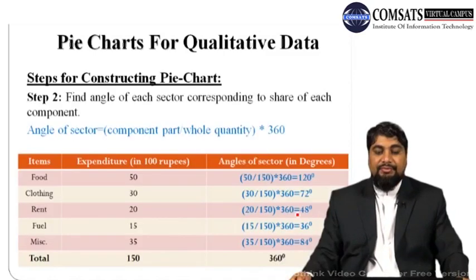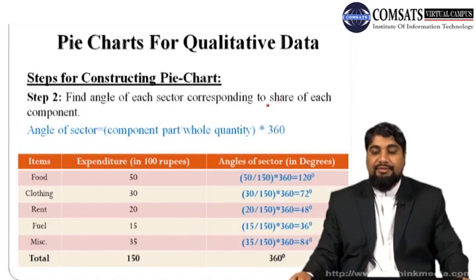In step 2, find angle of each sector corresponding to share of each component. And the angle of sector can be found by this relation, which is equal to component part divided by the whole quantity and multiplied this resultant value with 360.